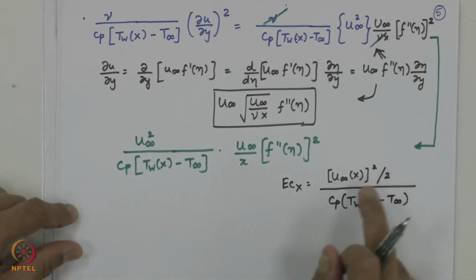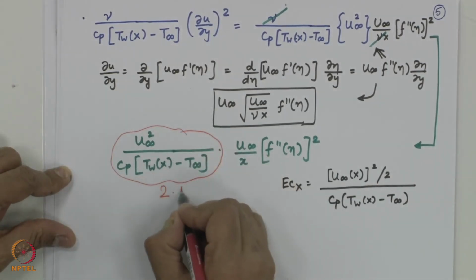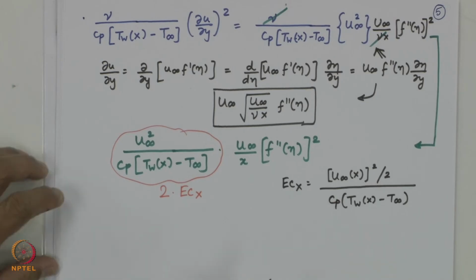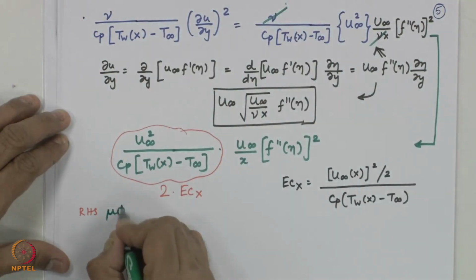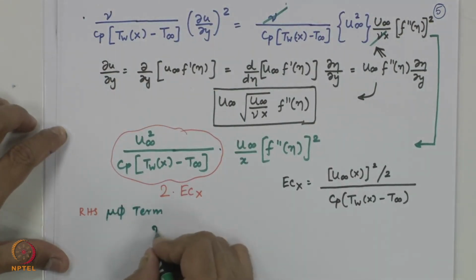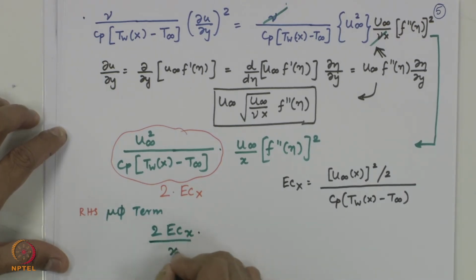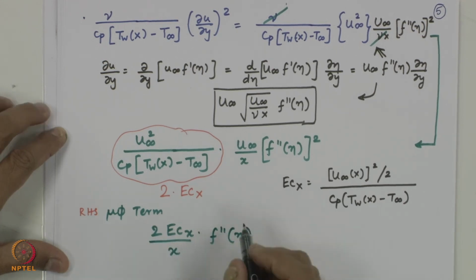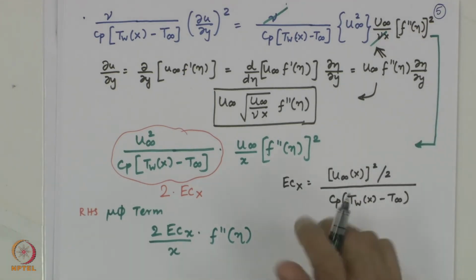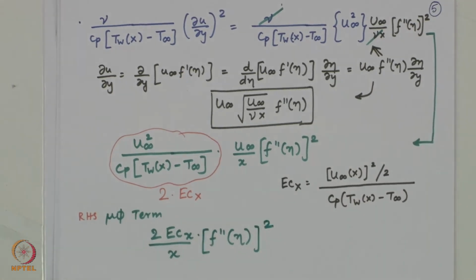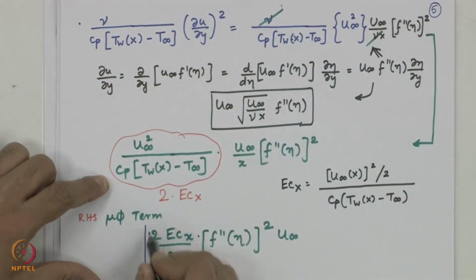So this bracket ends up being 2 times the local Eckert number, and therefore the RHS viscous term simplifies to 2 times local Eckert number divided by x, f''(η) whole square, into u∞. Okay, so this is my RHS.